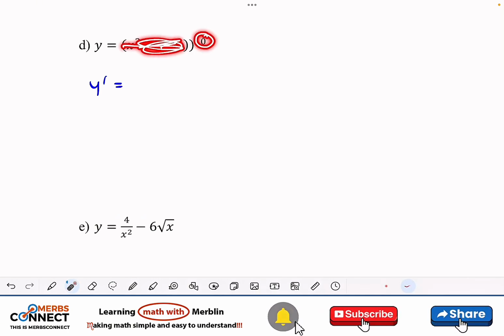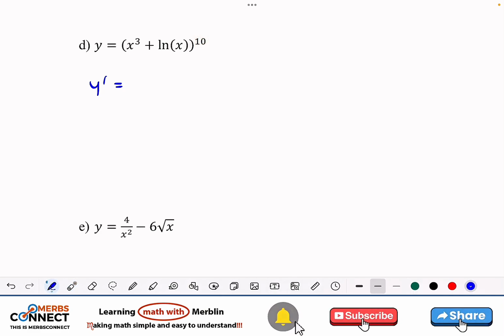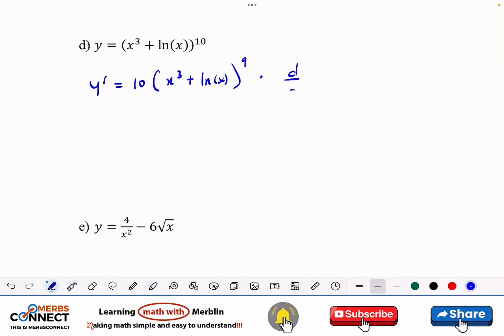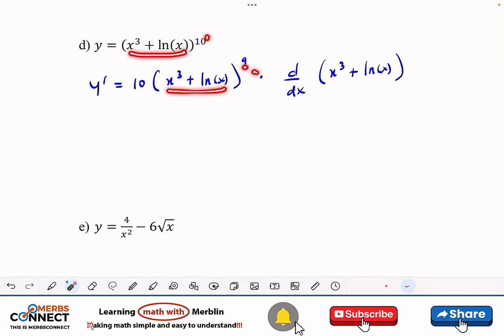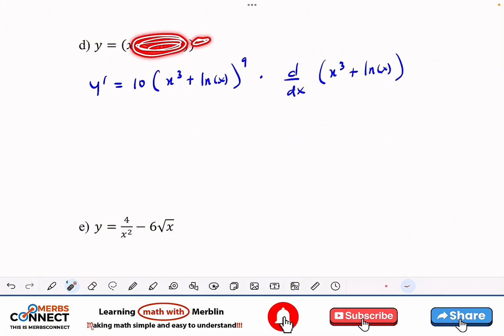Assuming nothing is here, the power rule will drop the 10, then keep x to the power 3 plus ln x, then I subtract 1, 9, times, now I differentiate what is inside the parentheses. So x to the power 3 plus ln x. So I just apply the power rule. I just drop the 10, maintain everything here, and subtract 1. So I have this times, now I differentiate what is inside the parentheses without this.